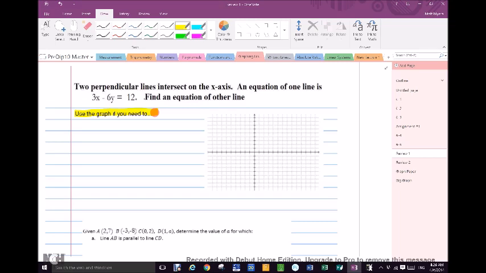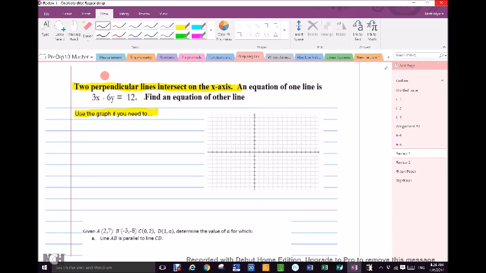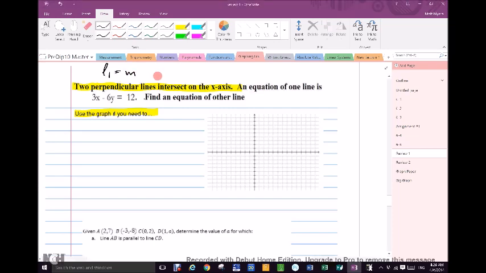If you were going to do it algebraically, then you would know that there are 2 perpendicular lines, which means line 1 has a slope, and line 2 has that same slope, but reciprocated and with the sign changed. And both lines share the same x comma 0, don't they?